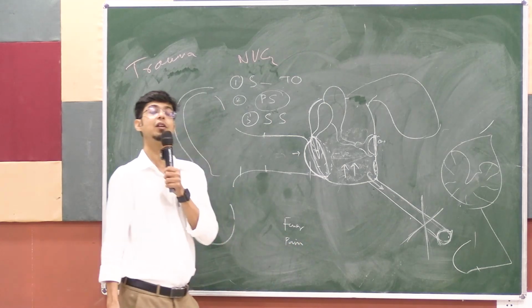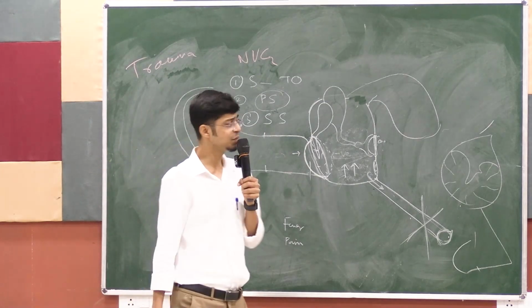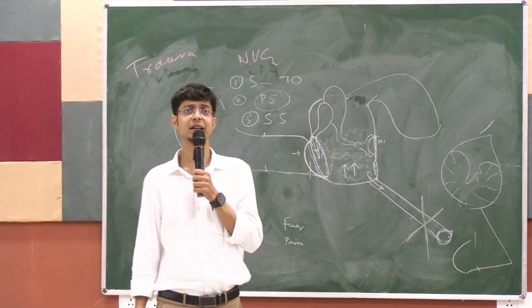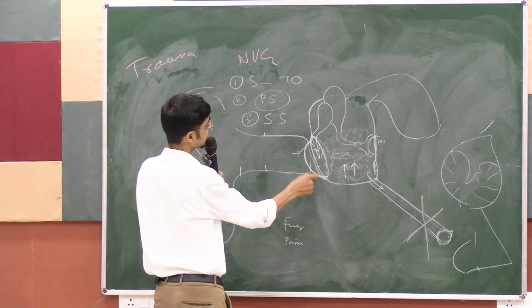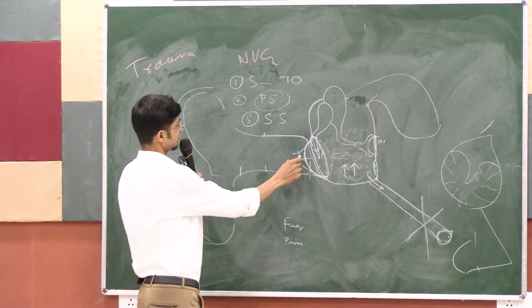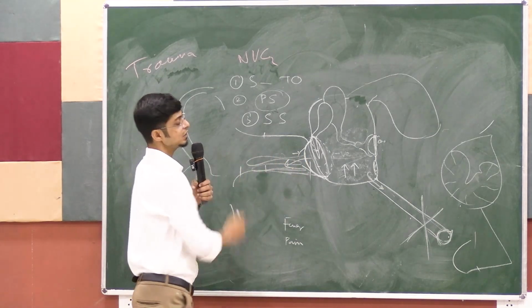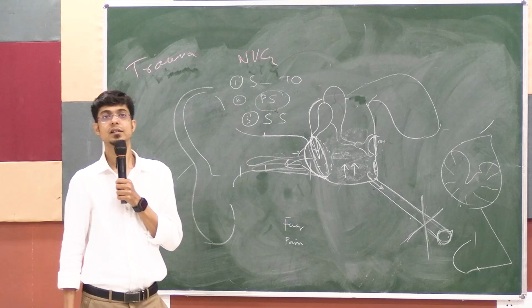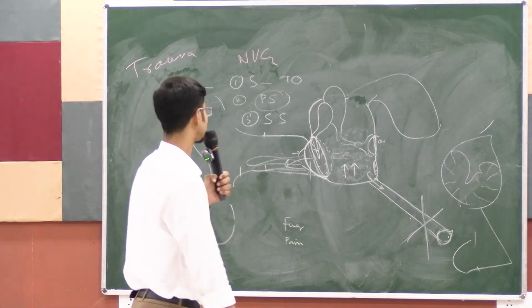Now, if the infection is so bad and the patient has come to the doctor quite late, what happens is there is a rupture of the tympanic membrane and the pus comes out. Okay, so we see that there is discharge in the external ear. It's a purulent discharge in the external ear.